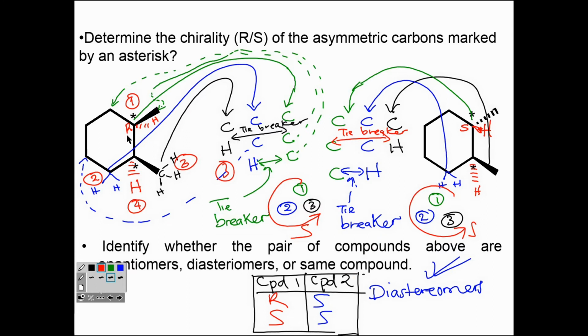The assignment here is R and S, and the assignment here is S and S. So compound 1 you get R and S, and compound 2 you get S and S. You see down here you have the same assignment on the second carbon, S and S, but up there it's reversed, R and S. So that's a diastereomer because you only switched one of the chiral centers' chirality. So these two compounds are diastereomers, not enantiomers and not the same compound, because you have one chiral center maintained as an S and the other one switched.